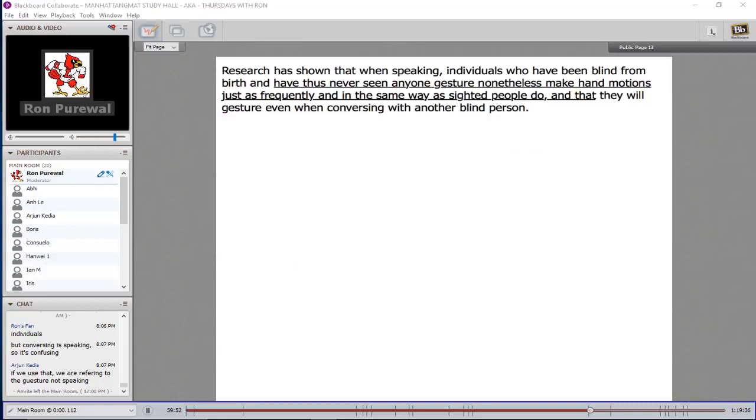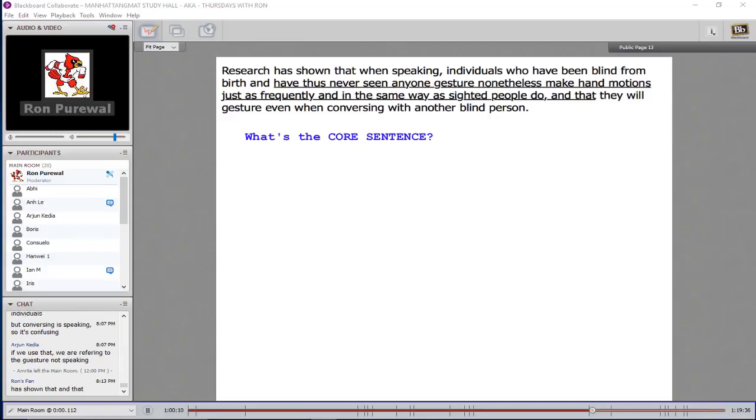That's still going to be a thing. And you need to figure this out before you look at the answer choices, guys. What's the core sentence? In other words, what's the main idea being conveyed?